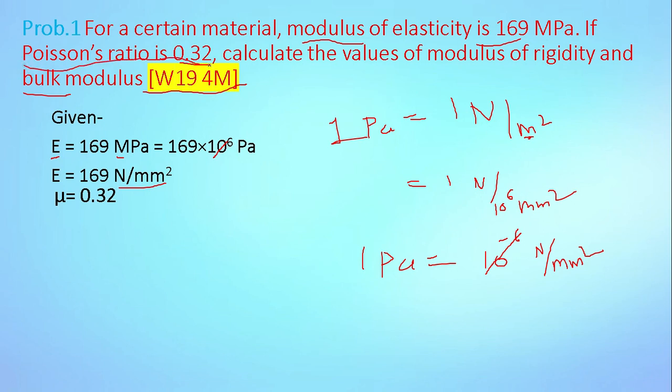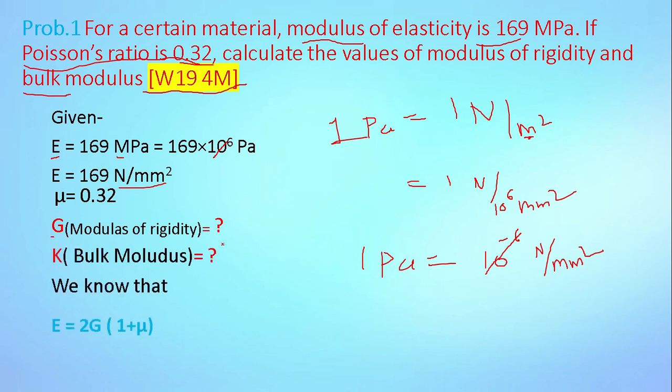Poisson's ratio is 0.32. Then G, modulus of rigidity, we have to find out. Then bulk modulus. We know that the relation between Young's modulus and modulus of rigidity is E equal to 2G into 1 plus mu.